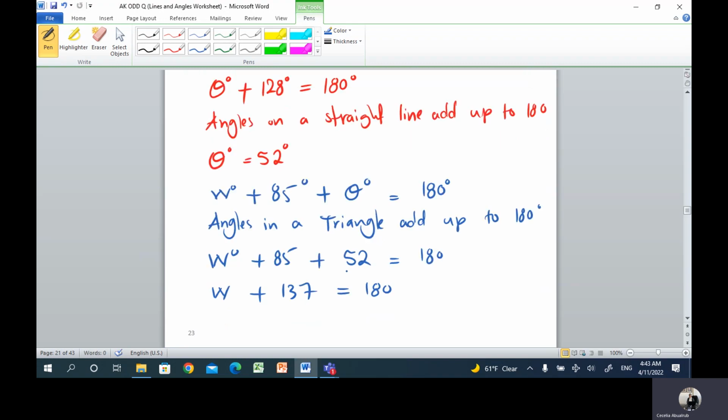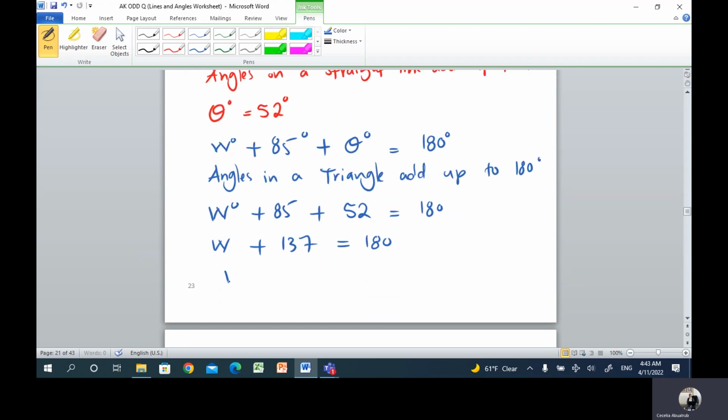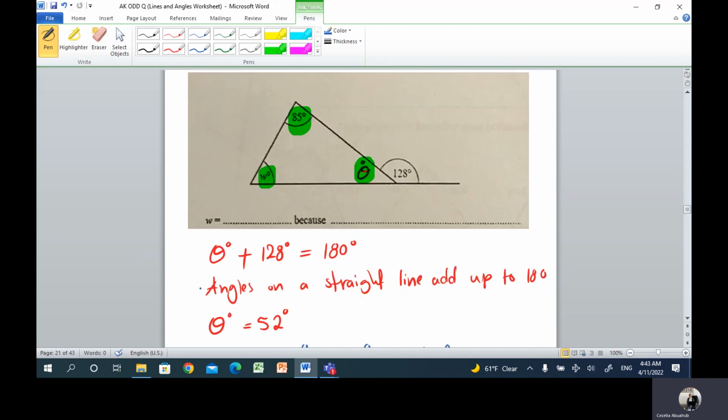Apply opposite operation by subtracting the 137 from 180. The answer will be 43 degrees. So W is 43 degrees.